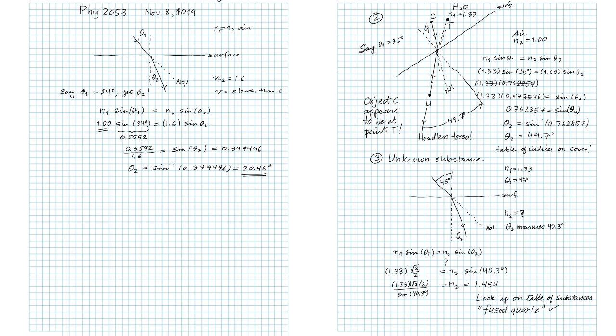All right, so N1 in this case is 1.33. And let's say that theta 1 is 35 degrees, just for a nice round number. Okay, so this one up here, I don't know if it looks close to 30 up there. It's not too bad. Okay, so sine of 35 degrees equals, okay, now N2 is just 1.00, so that's going to be easy.